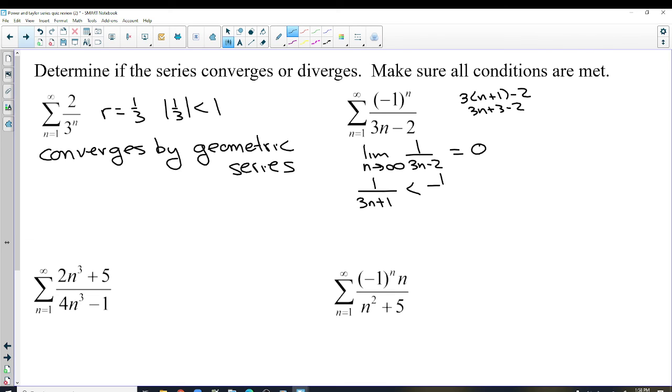Is 1 over 3n plus 1 less than 1 over 3n minus 2? Well, yeah, absolutely, every single time. Because if you take 3n and add 1, that's going to be a bigger denominator than minusing 2. So that'll be a smaller value every single time. So I feel good about writing converges by alternating series test.